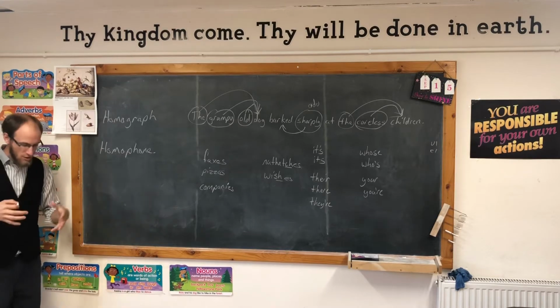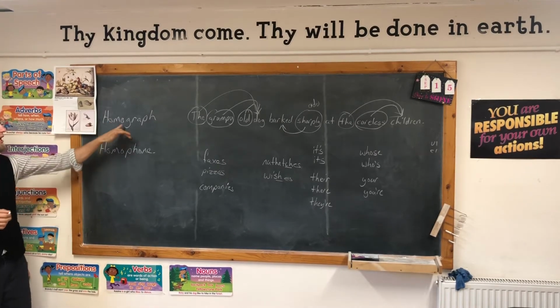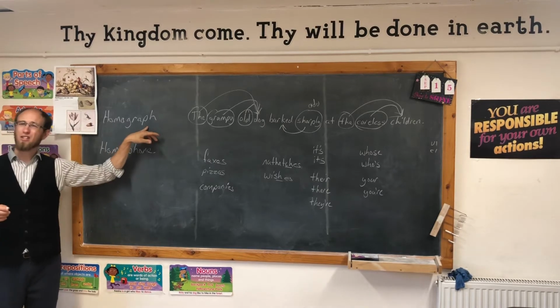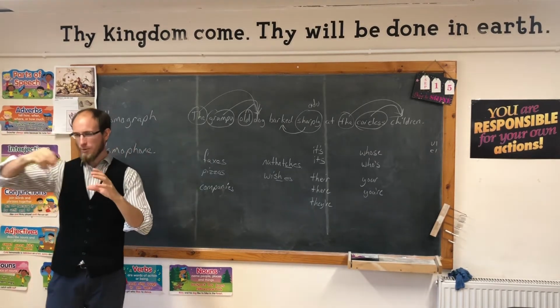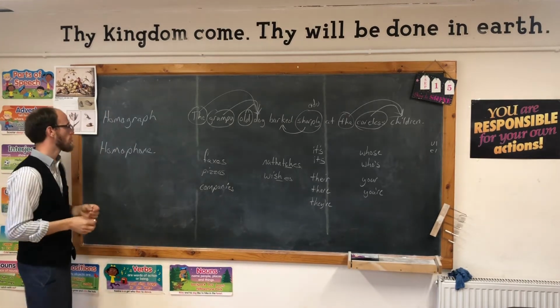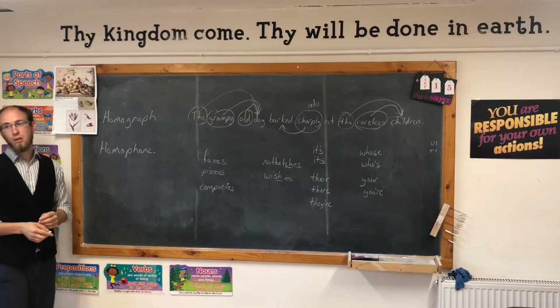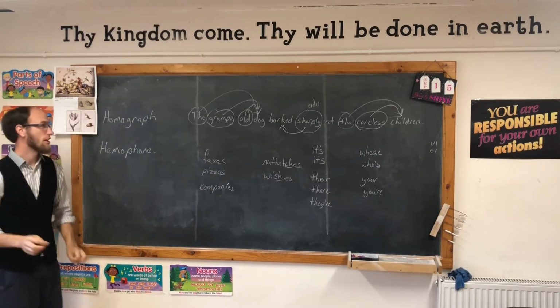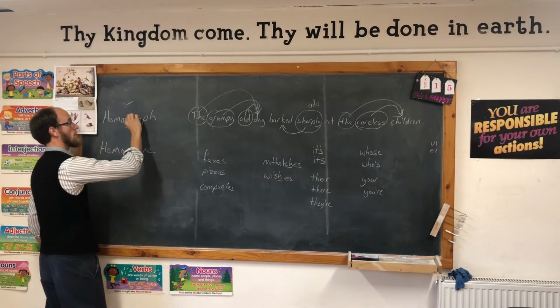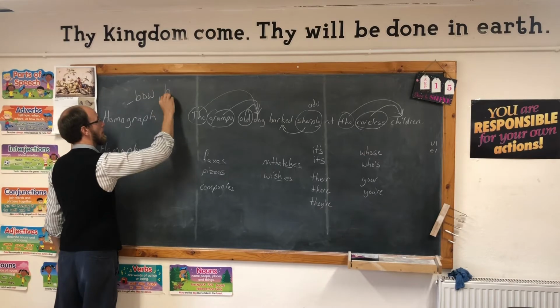So 2 homographs are 2 words. And then graph means to write. You might look at a graph. It's something that's written. So 2 words that are written the same, but could mean totally different things and could be said in a totally different way. 2 good ones for a homograph would be bow and bow.